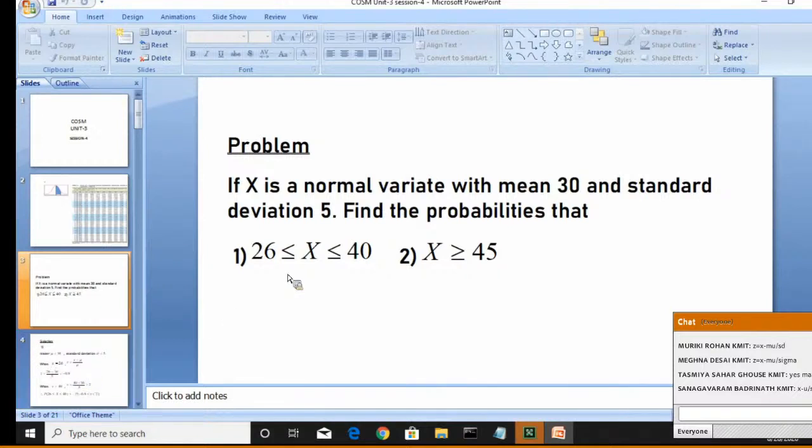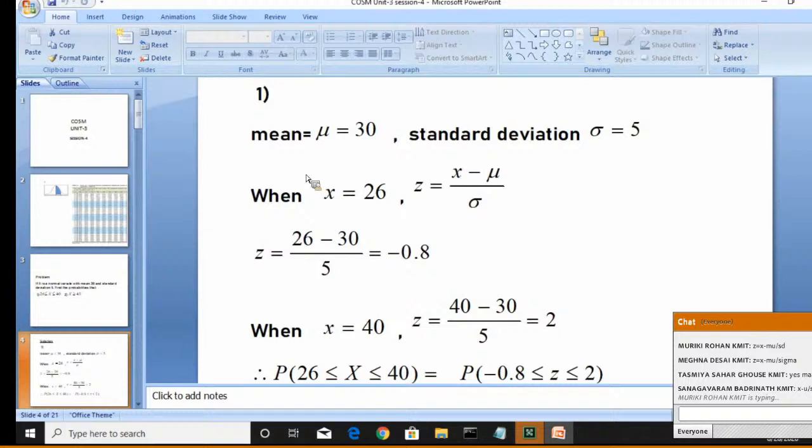Hello? 26 less than or equal to x less than or equal to 40 and x greater than or equal to 45. I will go very slowly only, again you understand. Now we are moving to standard normal variate as x minus mu by sigma. You see, mean is given as 30 and standard deviation is given as 5.